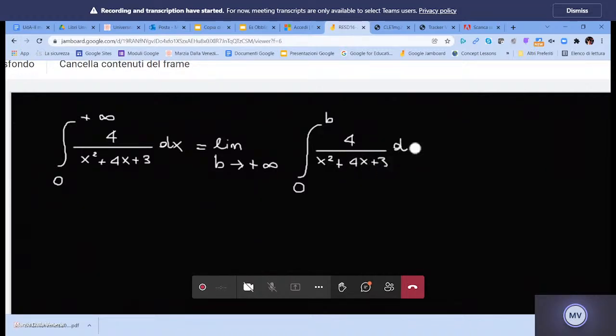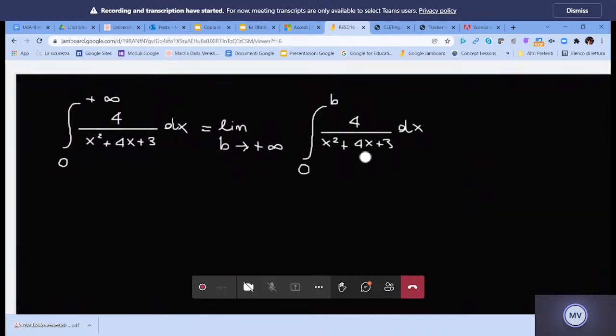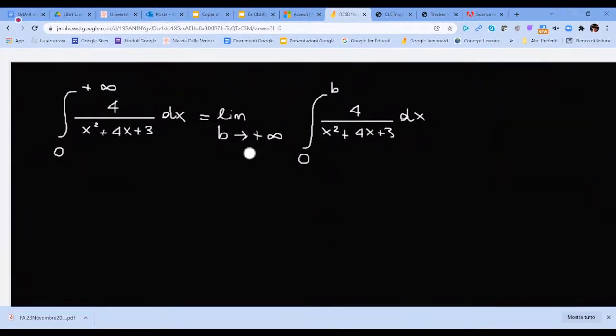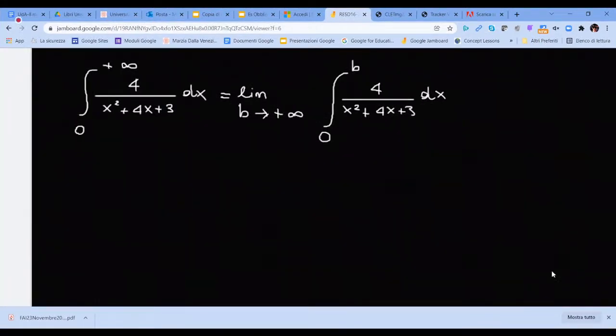So that is the meaning. So that means we can concentrate and take the limits after the computation.